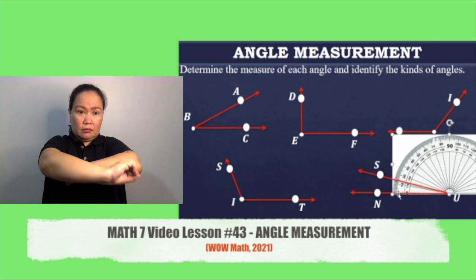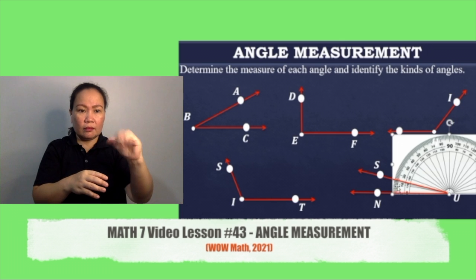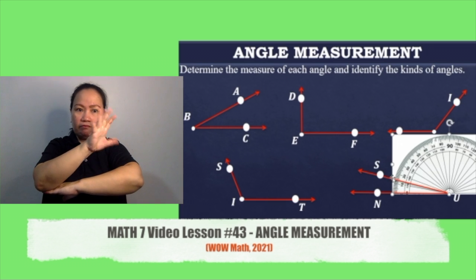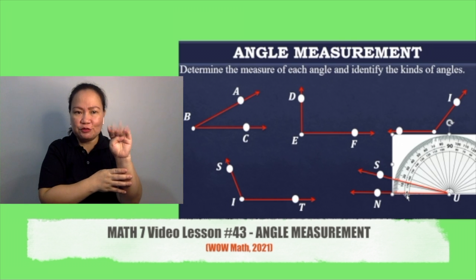So, outer scale tayo, nasa left siya eh. So, as you can see, 10, hindi siya umabot dito sa guhit na to. Hindi siya umabot dun sa pang 15. So, siguro ang estimate natin dito is 14 degrees.